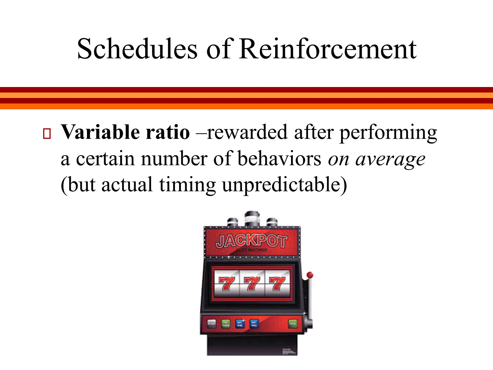In this case, the desired behavior, well, at least from the casino's perspective, is you putting some money in the machine and playing the game. The slot machine is designed to pay out a certain number of times on average. However, there's no predicting exactly when a payout is coming. In theory, you could get a payout twice in a row, or you could play hundreds of games without a dime to show for it.